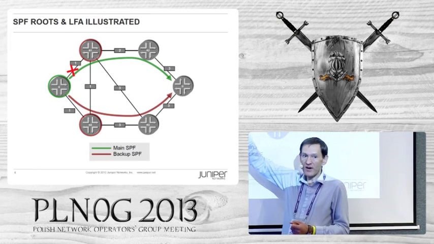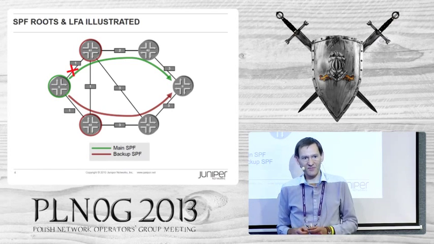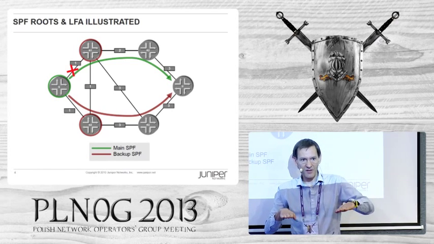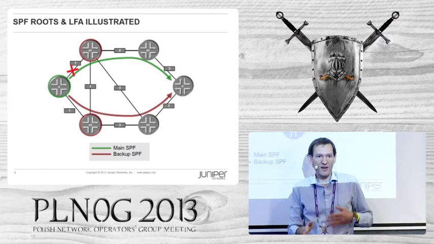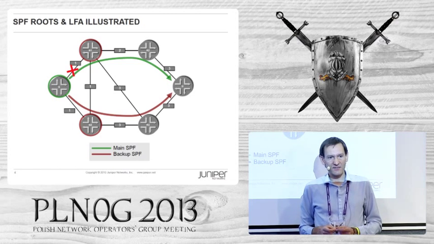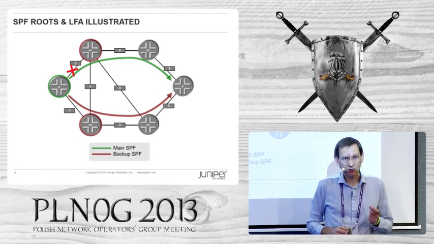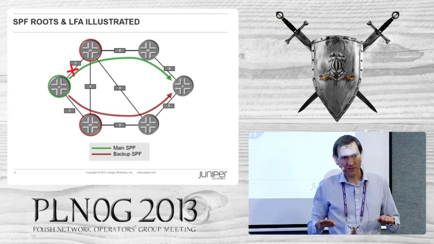As soon as that link breaks, the alternative path comes to the front and becomes the valid forwarding path. And because it's all happening at the packet forwarding engine level, it's very fast. It's a few tens of milliseconds, 10, 20, 30 milliseconds. And in fact, at the packet forwarding engine level, it looks exactly the same as traditional RSVP fast reroute.